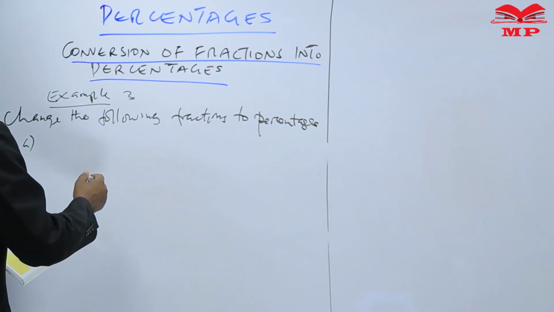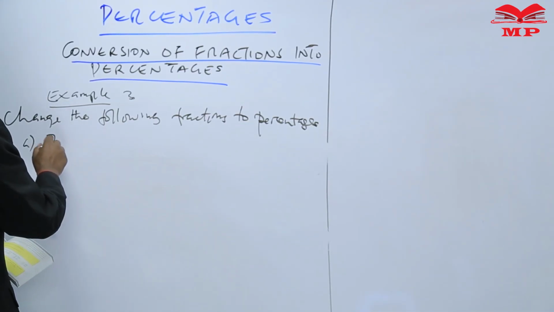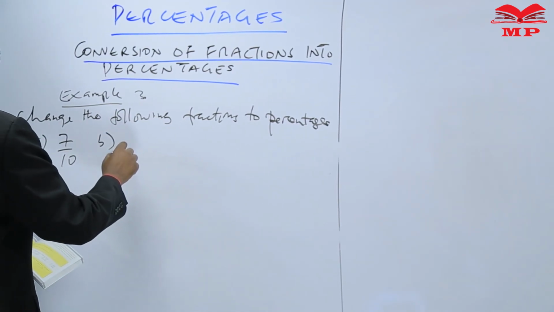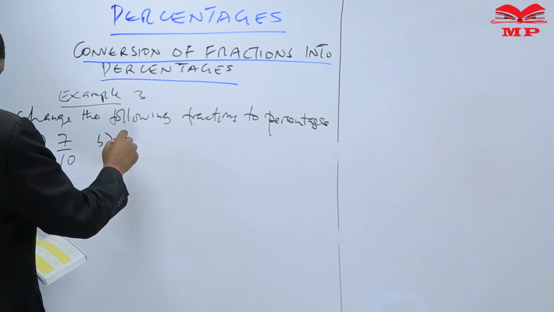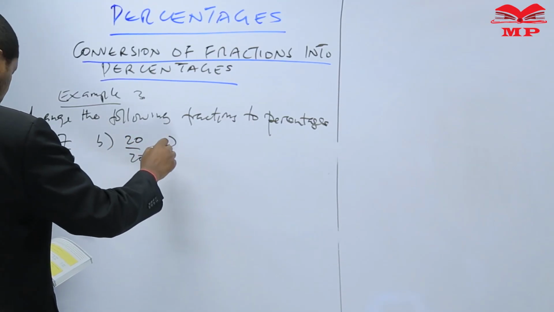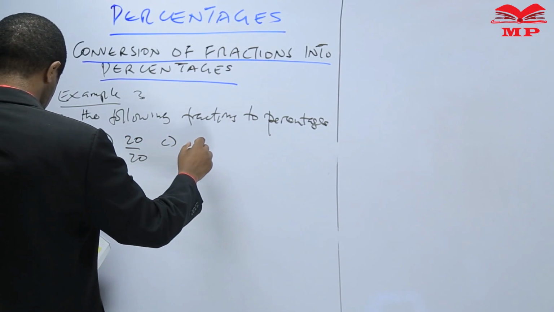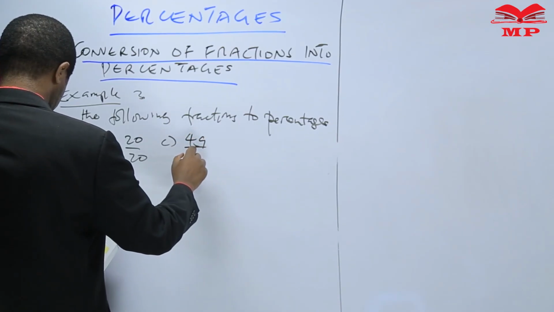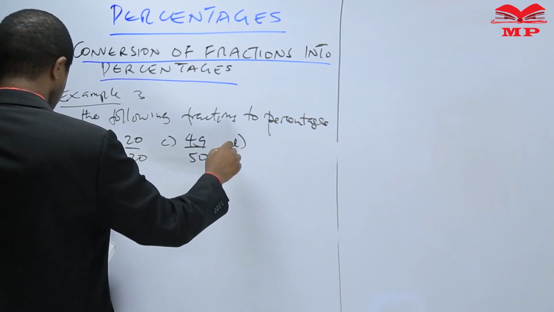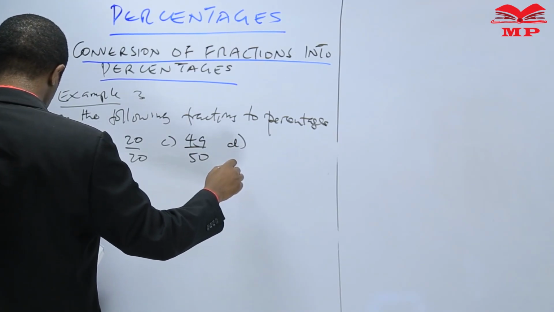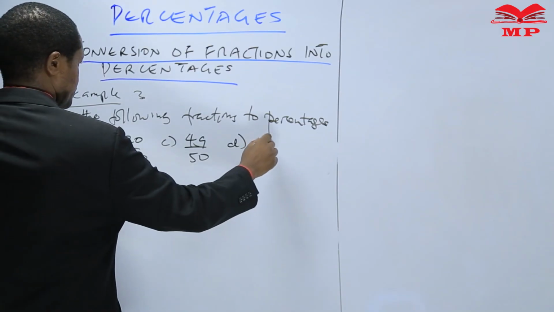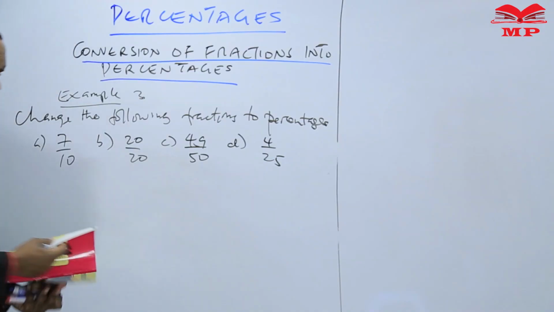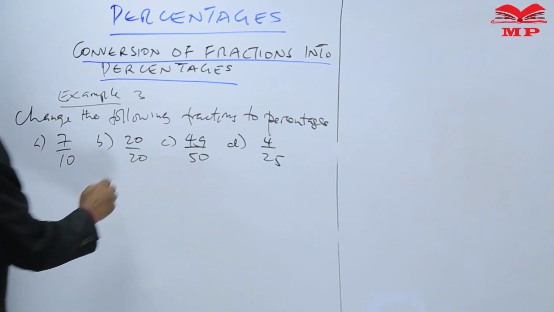A, we have 7/10. B, we have 20 over 20. C, we have 49 over 50. Then D, we can try 4 over 25. Let us work these ones out.